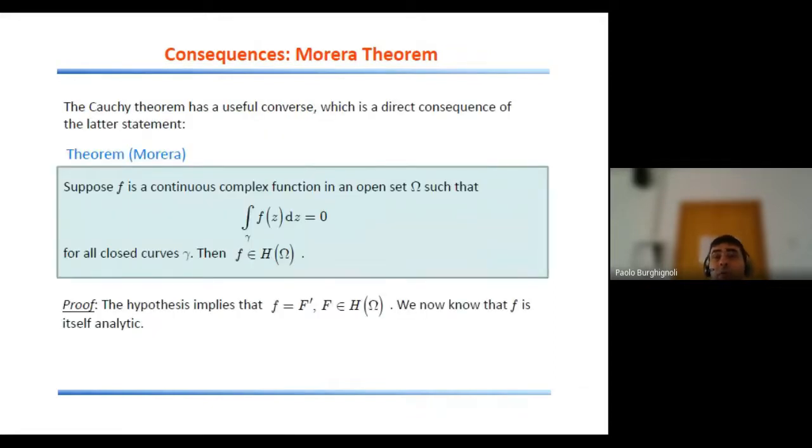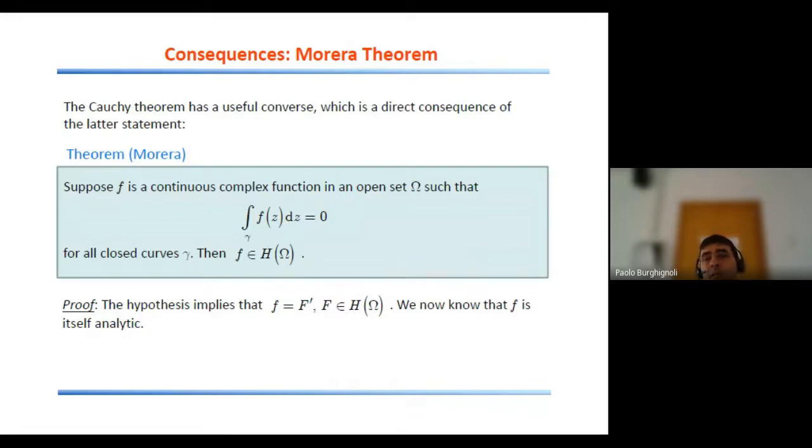And we have almost for free another interesting consequence, which is known as the Morera theorem, named after a Spanish mathematician, which is in a sense a converse of the statement of the Cauchy theorem. The Cauchy theorem tells you that if a function is analytic, then its integral along any closed curve is equal to 0.